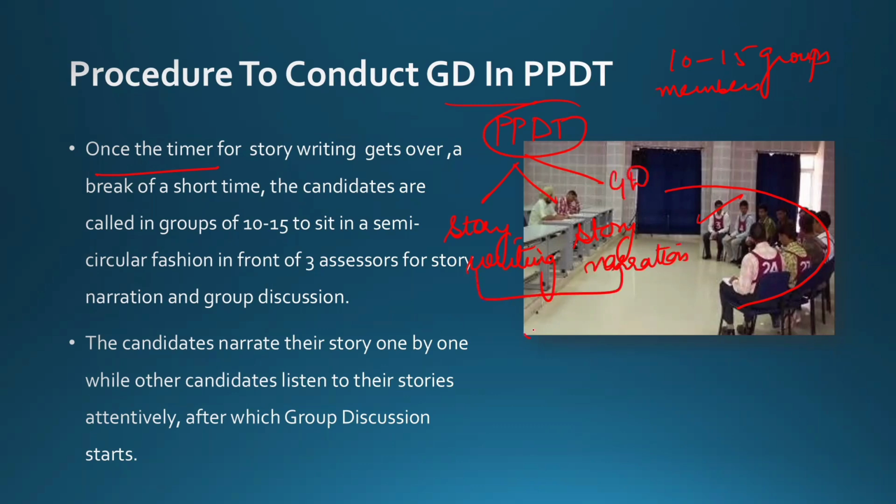So the first two bring out your individual performance, and the group discussion will bring out your group behavior. So this is how group discussion is conducted in PPDT, and this is how the entire process of PPDT is conducted. I hope it's clear to all of you.